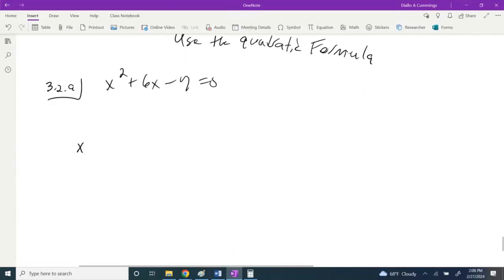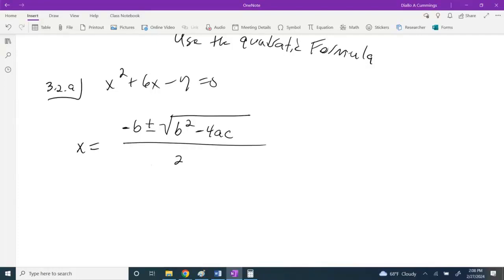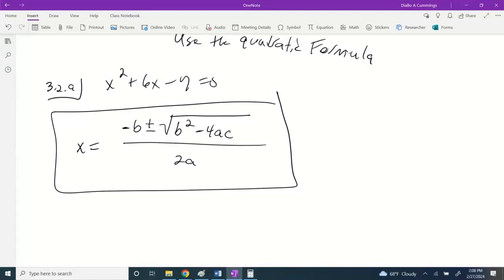So here is the quadratic formula. x is equal to negative b plus or minus the square root of b squared minus 4 times a times c, all over 2a. So that's negative b plus or minus the square root of b squared minus 4ac all over 2a.